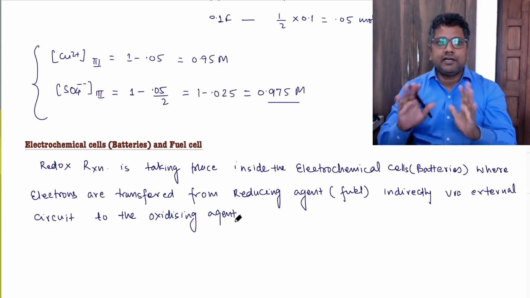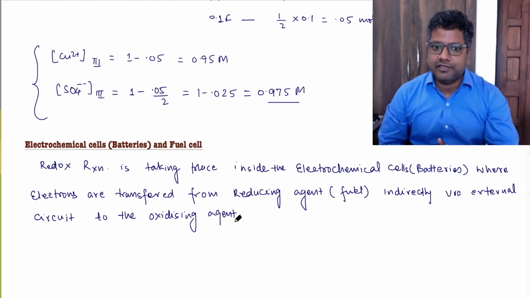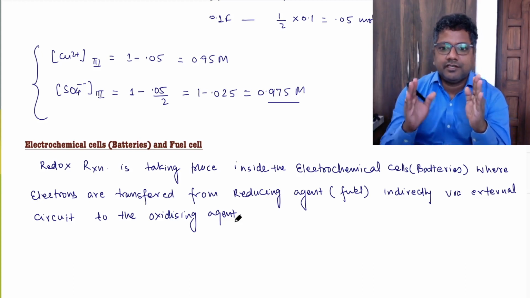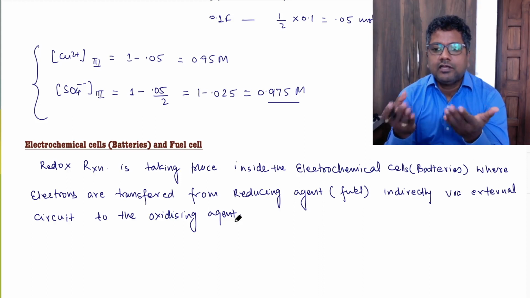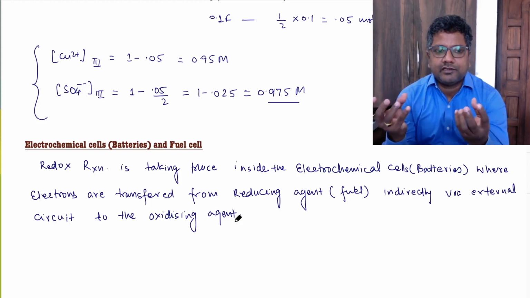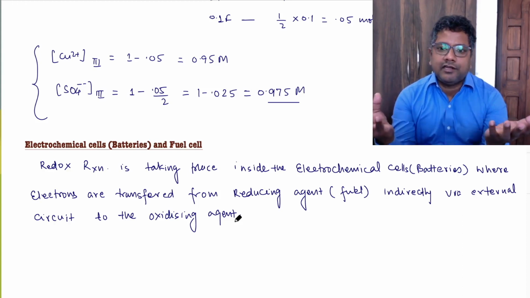So this is the net summary of the working of an electrochemical cell. One reducing agent is there, which is oxidized, meaning it loses electrons. The other is the oxidizing agent, the species which is reduced. Both are kept in different containers or chambers, and they are connected externally and internally.